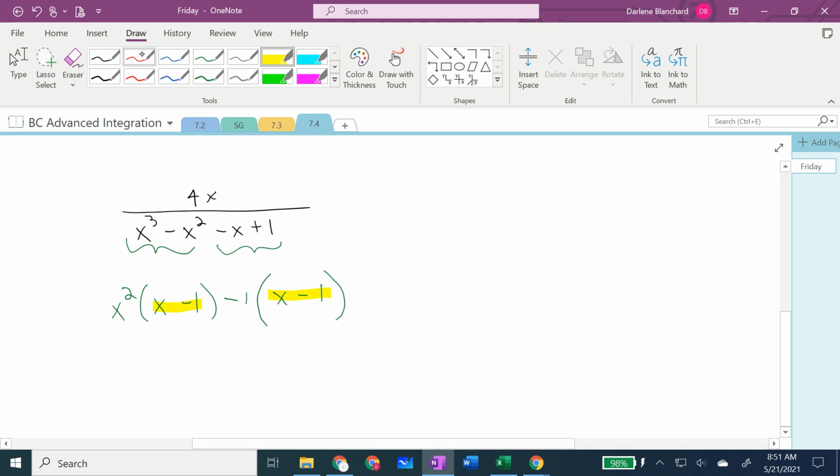And what you have here is, over this subtraction, you have a common factor that can be pulled aside. Before this subtraction sign, I have an x squared left if I factor out an x minus 1. After my subtraction sign, I have just a 1 left over when I factor out the x minus 1.